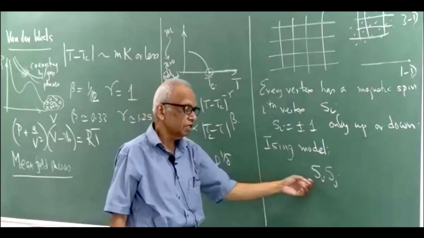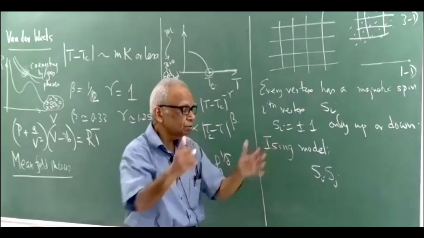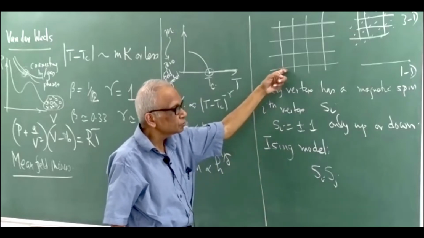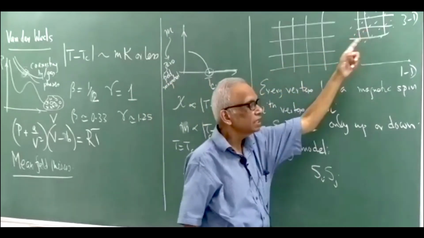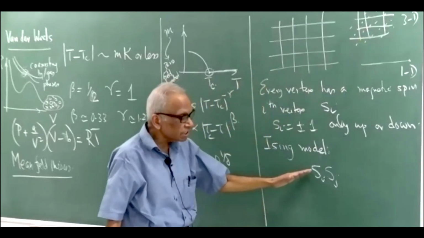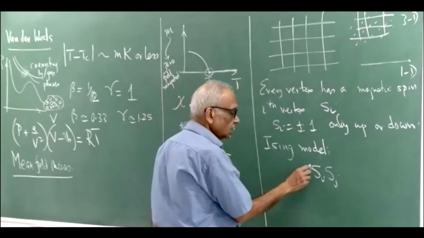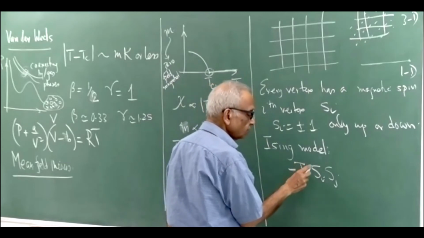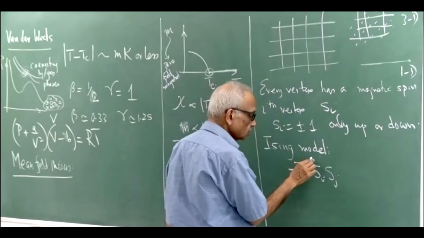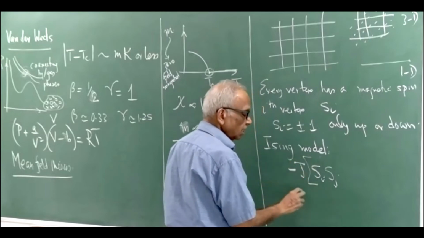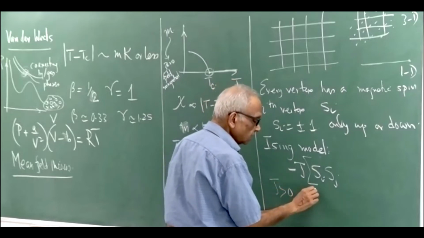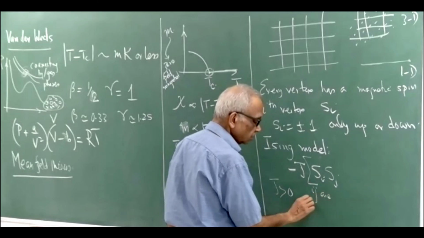Certainly for a 1D chain, it is 1, 2, 3. For a square lattice, i has 2 coordinates, and for the cubic lattice, i has 3 coordinates. So S_i S_j is the interaction, and it's an attractive interaction, with a coupling constant J: minus J S_i S_j, J greater than 0, where i and j are nearest neighbors.